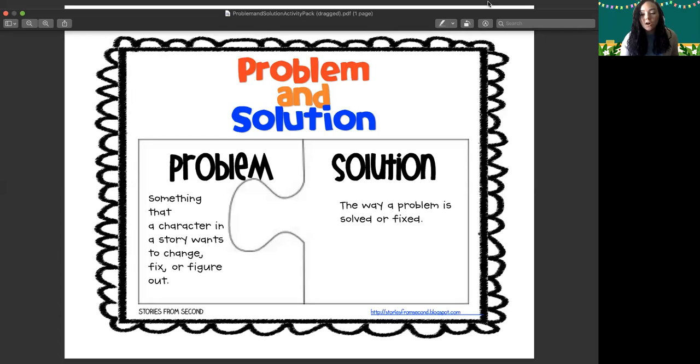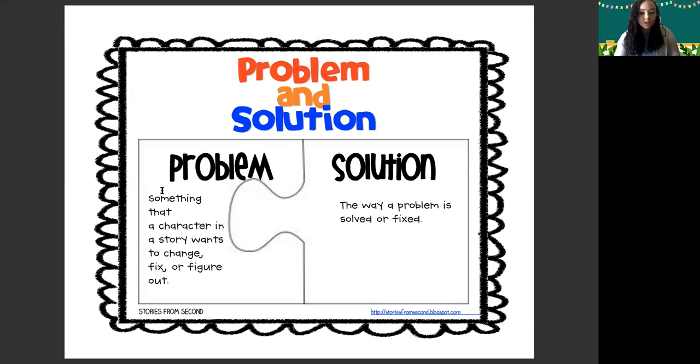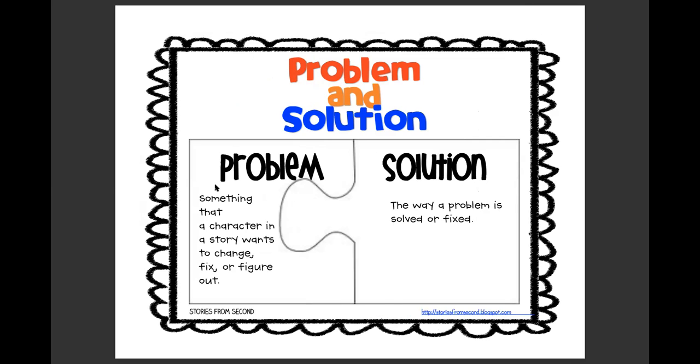All right, so we've been talking about the beginning, the middle, and the end of our stories. So today we're going to look at problem and solution in our stories. The problem in the story is something that a character wants to change, fix, or figure out.